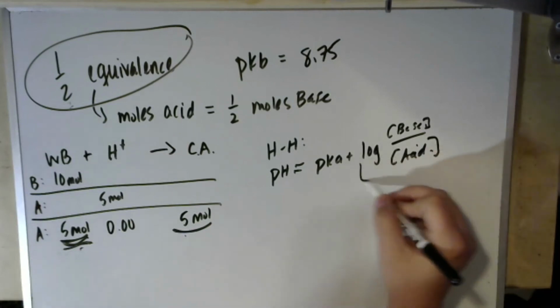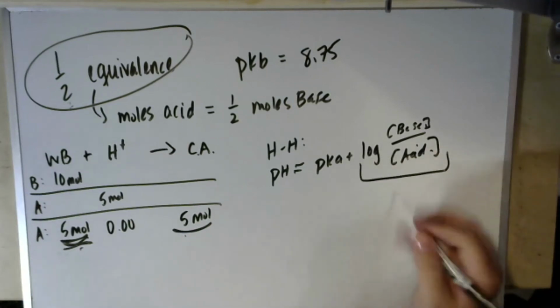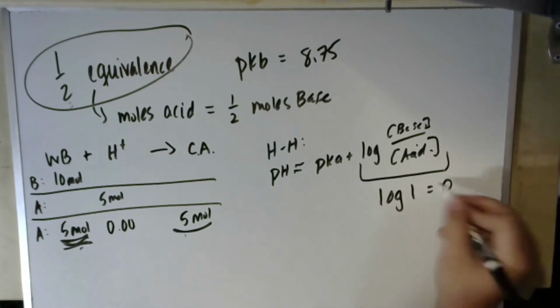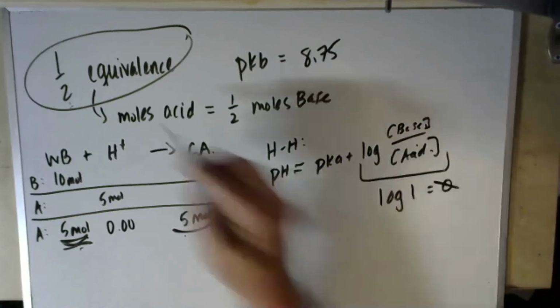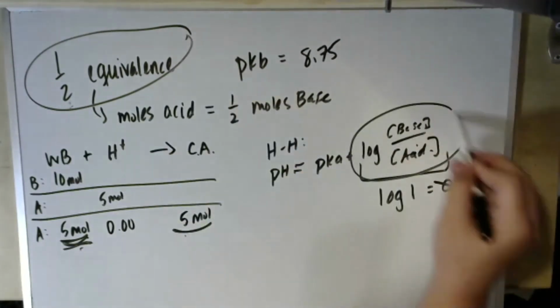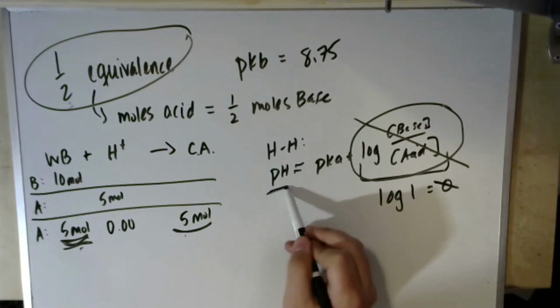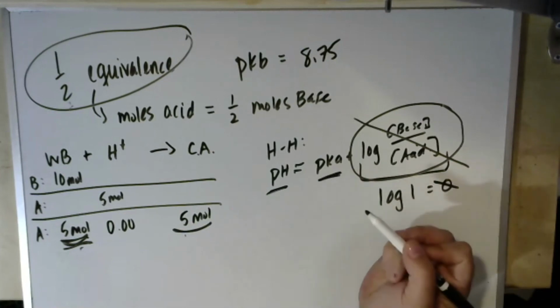So this expression at half equivalence is the log of 1, and the log of 1 is equal to 0. So at half equivalence, this part of my Henderson-Hasselbalch equation drops out. If I want to know what the pH of my solution is, I only need to know the pKa.